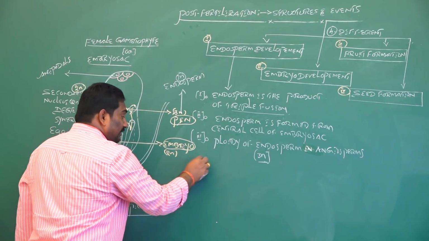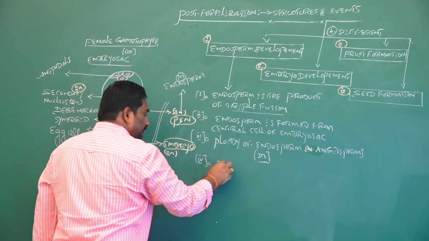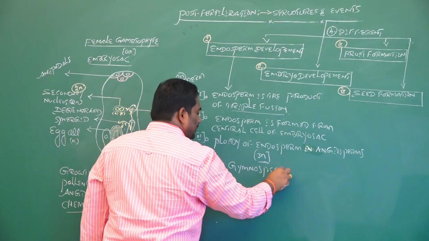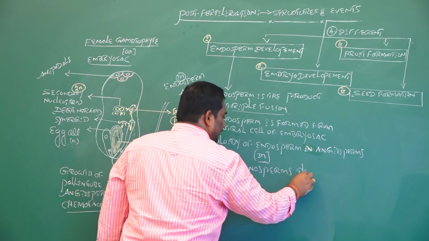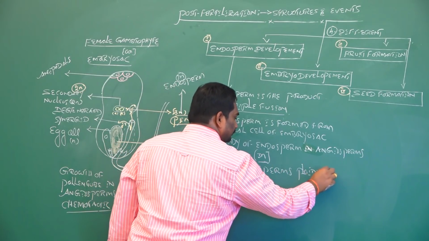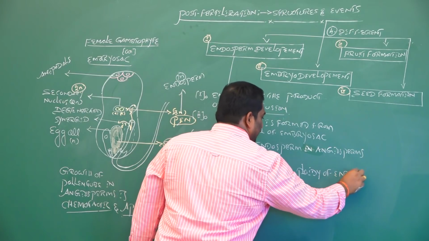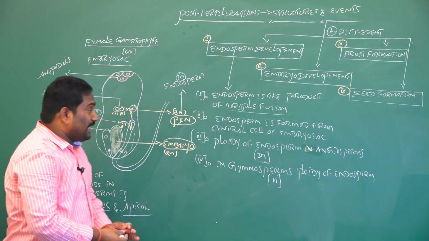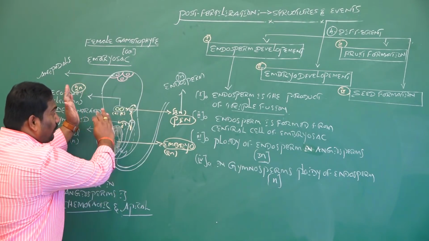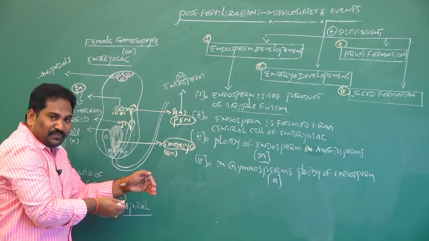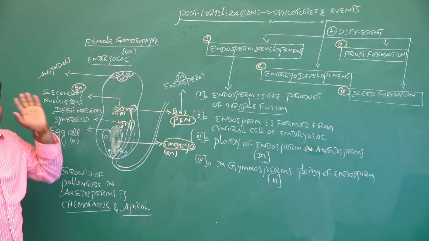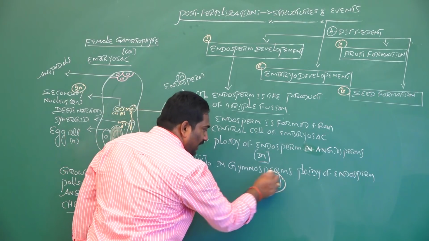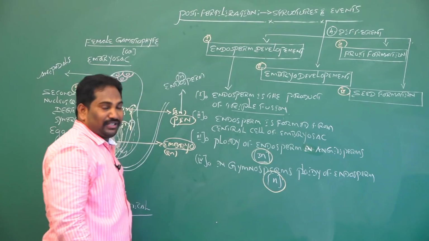But in gymnosperms, the ploidy of endosperm is haploid. The reason is, in angiosperms, endosperm is formed after fertilization. In gymnosperms, endosperm is formed before fertilization. So that's why the ploidy of endosperm in gymnosperms is haploid, and in angiosperms it is triploid.